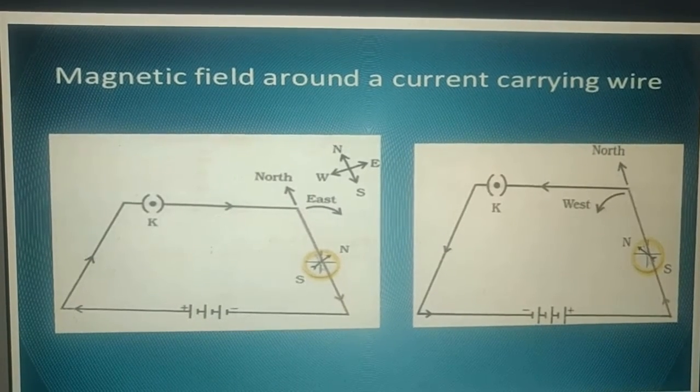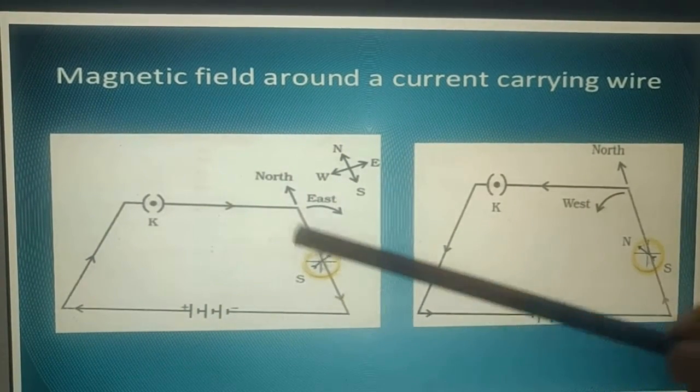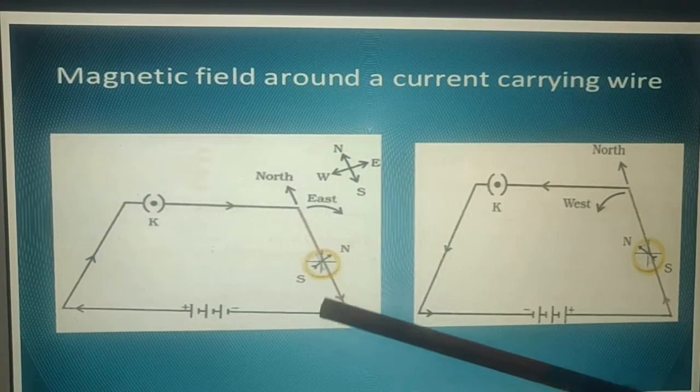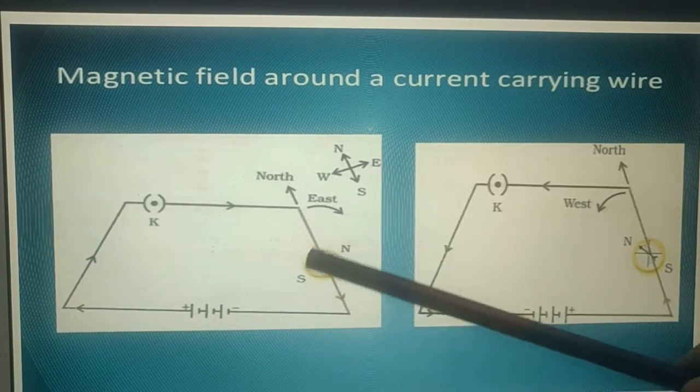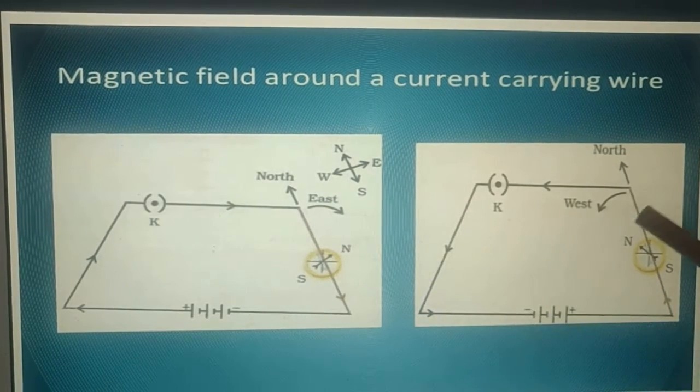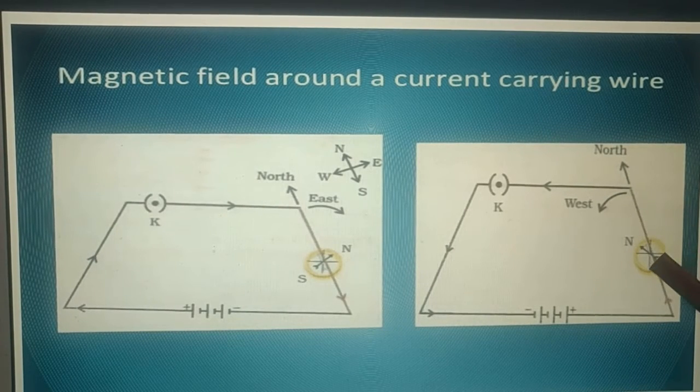Now this is again an experiment. This conductor is carrying a current, and below that we have kept the needle. Here also the conductor is there, and below that the needle is placed.